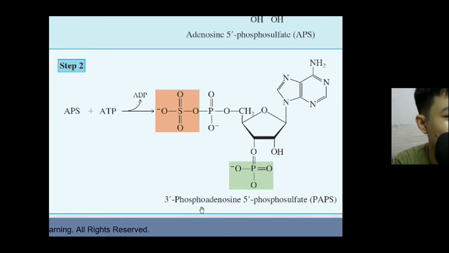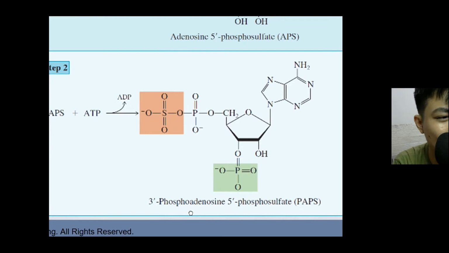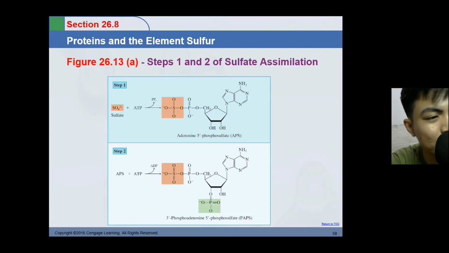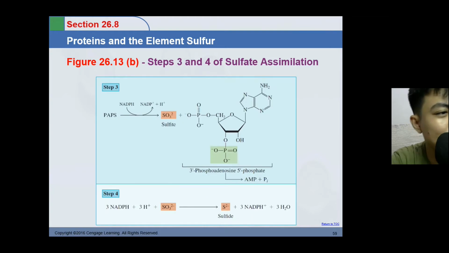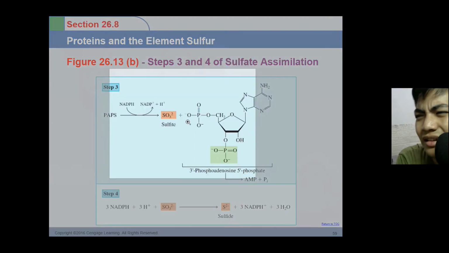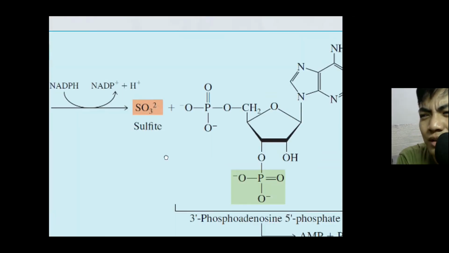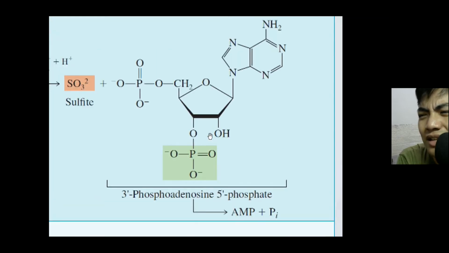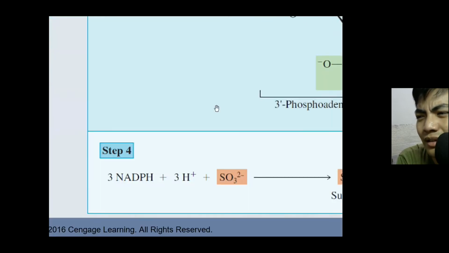3' phosphoadenosine 5' phosphosulfate or PAPS. Then, once you have produced PAPS, it will be reduced, okay? So it will eventually be reduced into sulfite ion and your adenosine monophosphate.